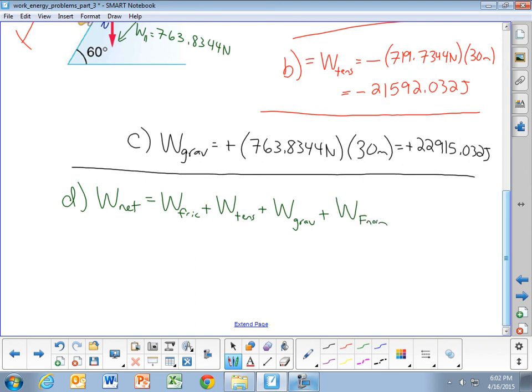We didn't calculate this one, but the work done by the normal force is 0 in this case. Again, the normal force is perpendicular to the direction it's moving. So if a force is perpendicular to the motion, it does 0 work.